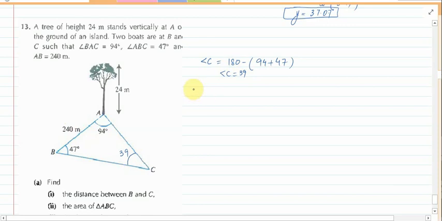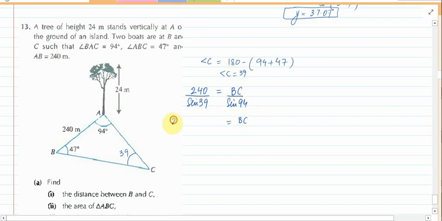So it will be 240 divided by sine 39 is equal to, the side that is unknown, the value of BC divided by sine 94. If you solve it, first you need to make BC the subject of the equation.